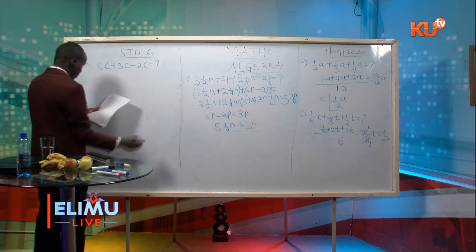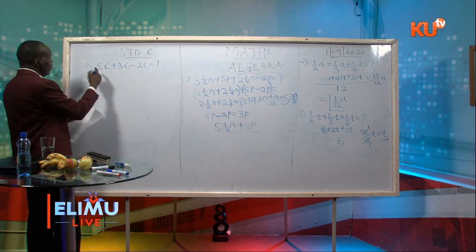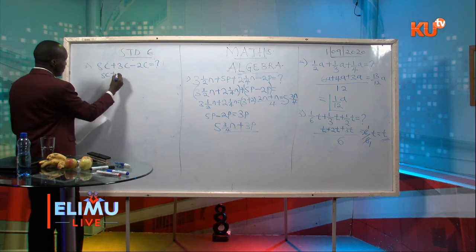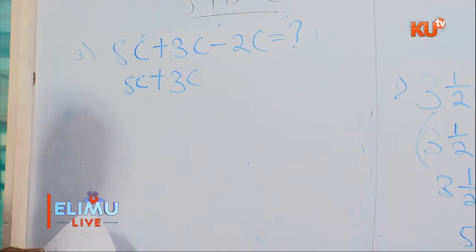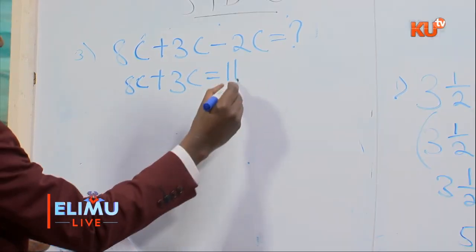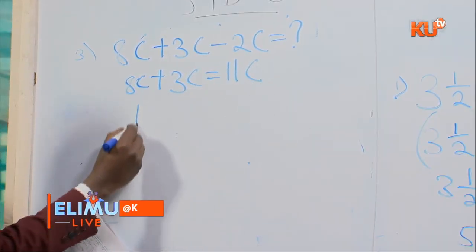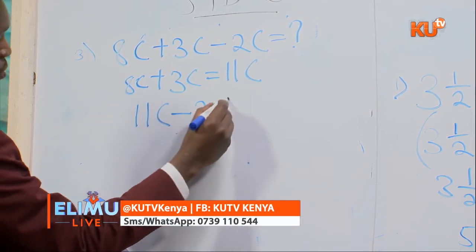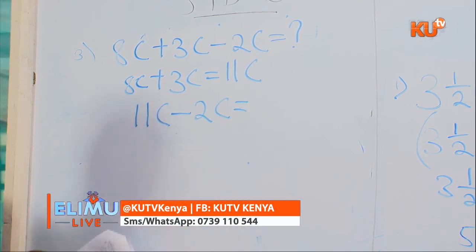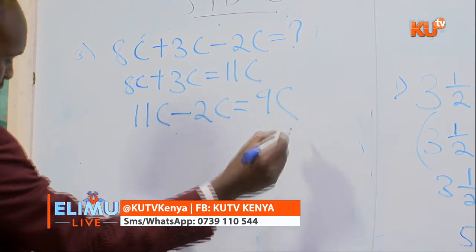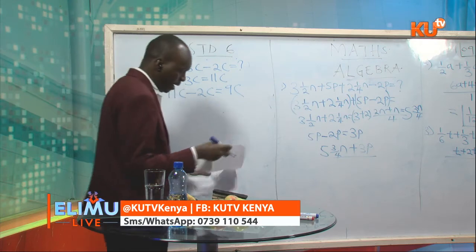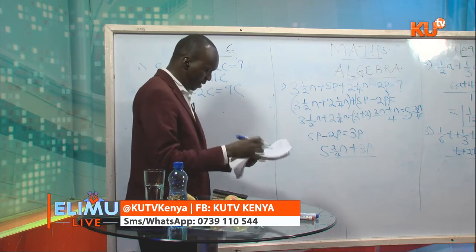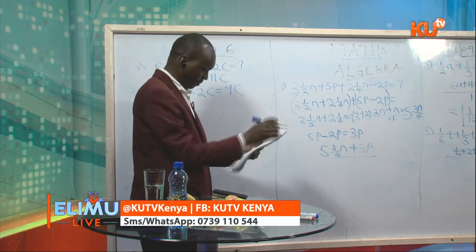What do we get? Here we add 8c plus 3c, we get 11c. So our next step is 11c take away 2c, we get 9c. So our answer becomes 9c.